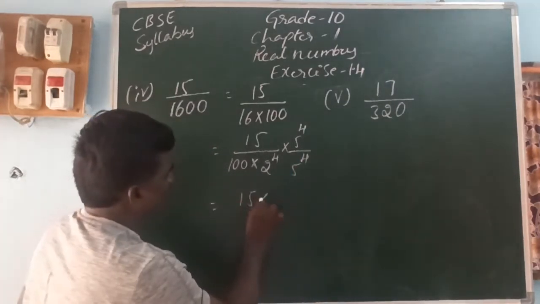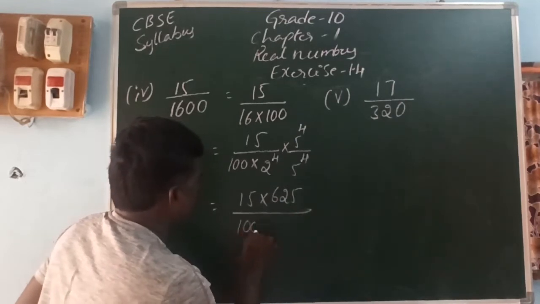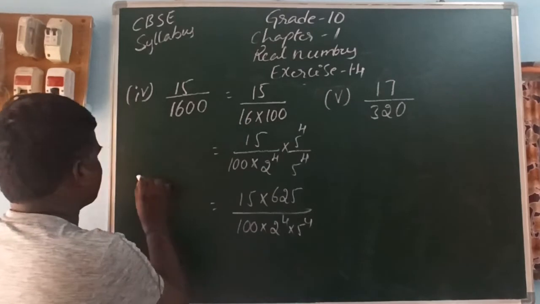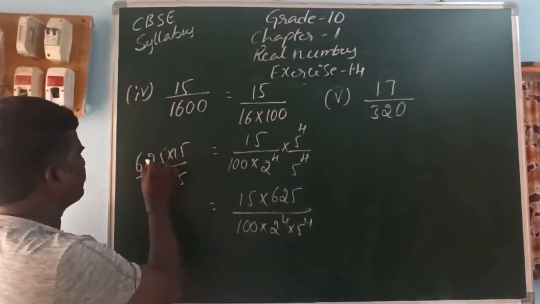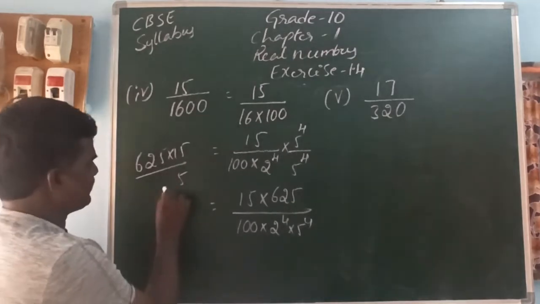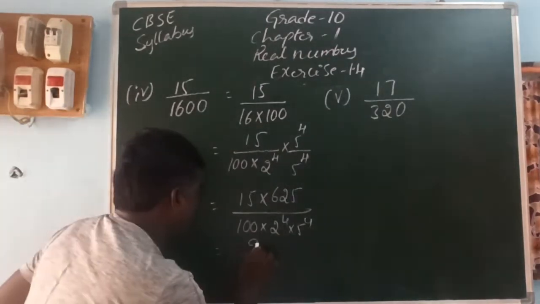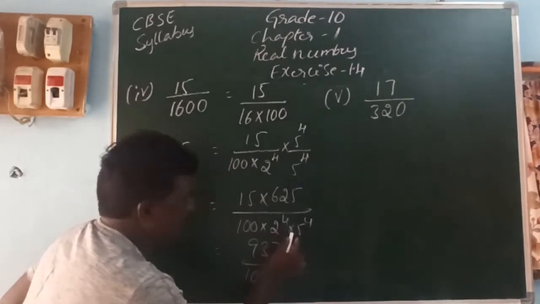That is 15 into 5 power 4, that is 625, by 100 into 2 power 4 into 5 power 4. So 625 into 15: 15 times 5 is 75, 15 times 2 is 30 plus 7 is 37, 15 times 6 is 90, plus 3 is 93. So that is 9375 by 100 into 2 power 4 into 5 power 4.